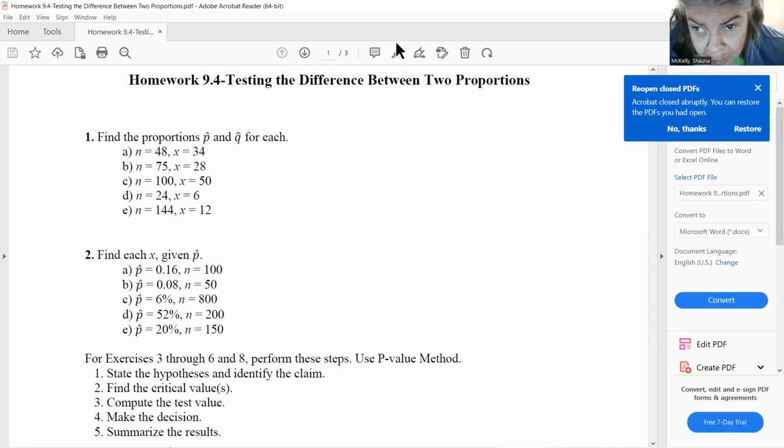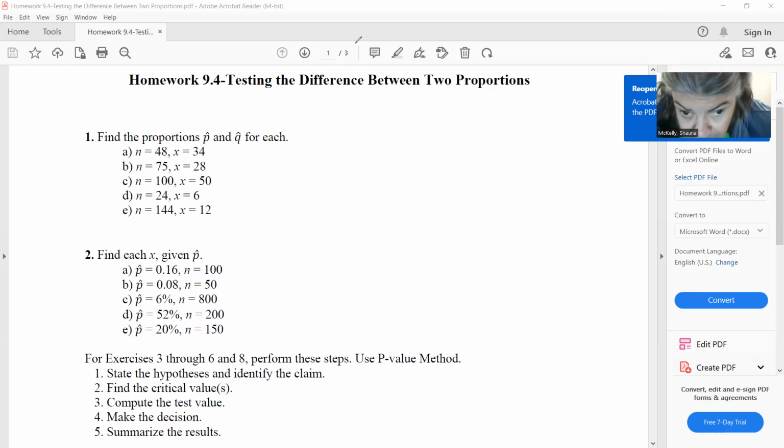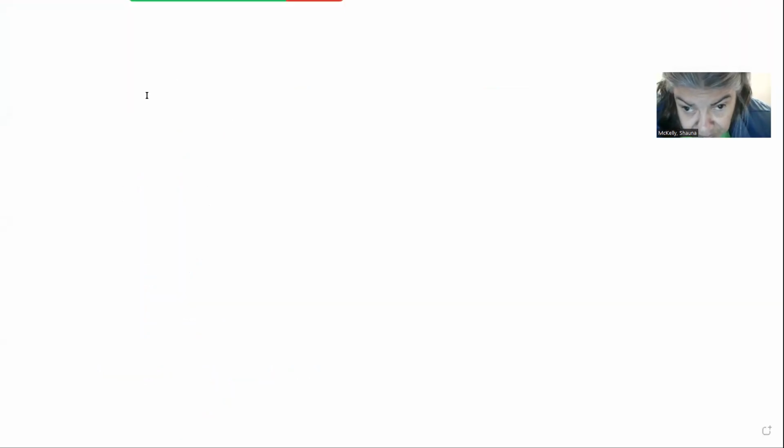For 1a, n is 48 and x is 34. We're looking for p hat and q hat.